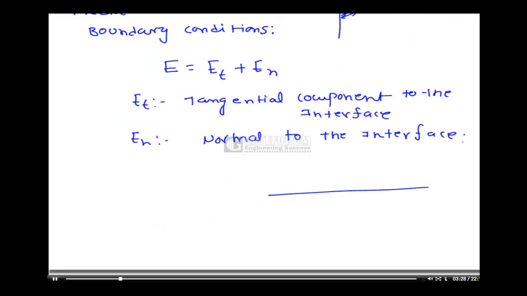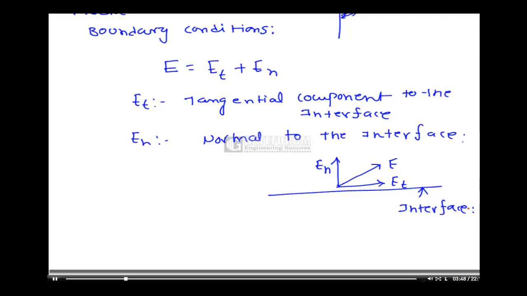Suppose this is the interface. Any E, suppose this is the electric field, is divided into two parts: a tangential part and a normal part. So the resultant is E. Et is tangential to the interface, and En is normal to the interface.